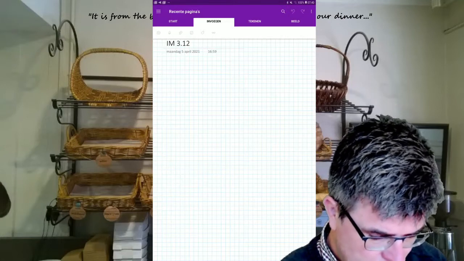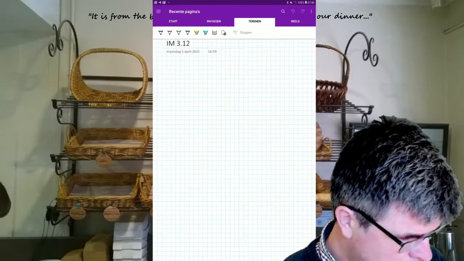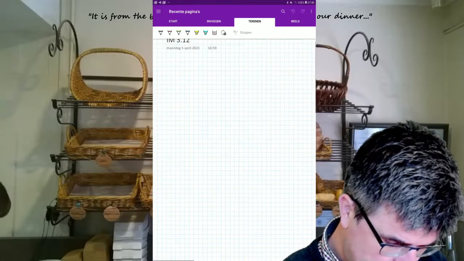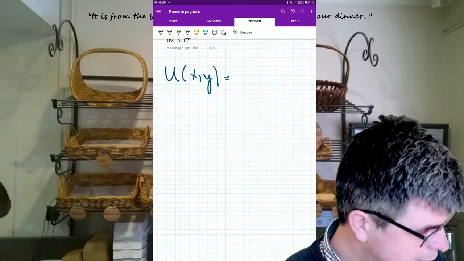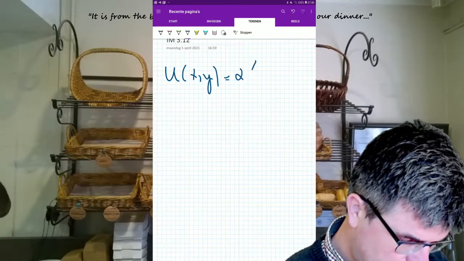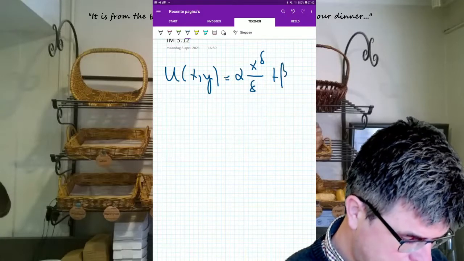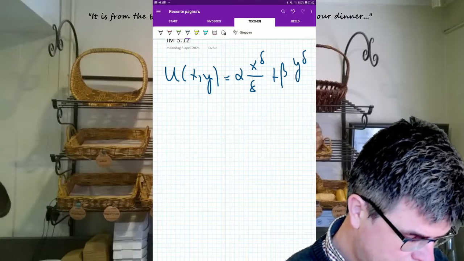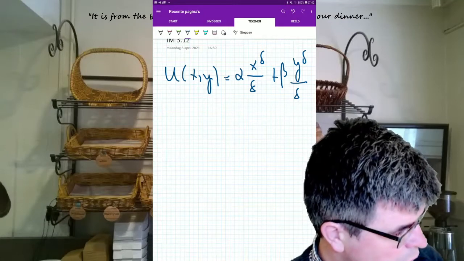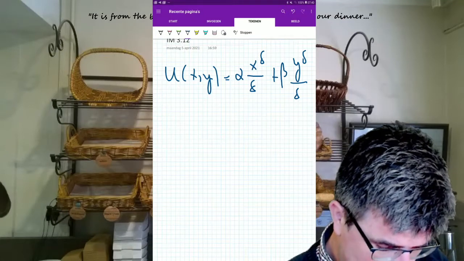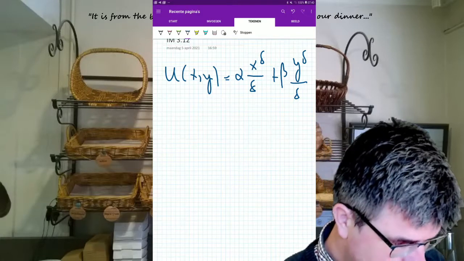So the SES utility function as given is u(x,y) equals alpha x to the power delta divided by delta plus beta y to the power delta divided by delta. This is the SES utility function for values of delta unequal to 0.